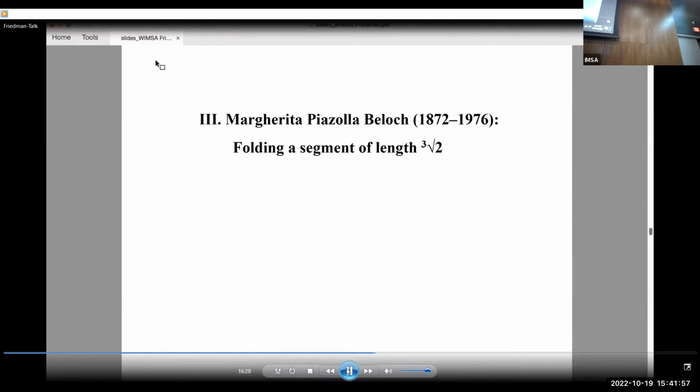With the work of Beloch, who was familiar with Rao's work due to Klein's citation, one of the famous problems of antiquity, constructing a segment whose length is the third root of 2, was solved only via paper folding.